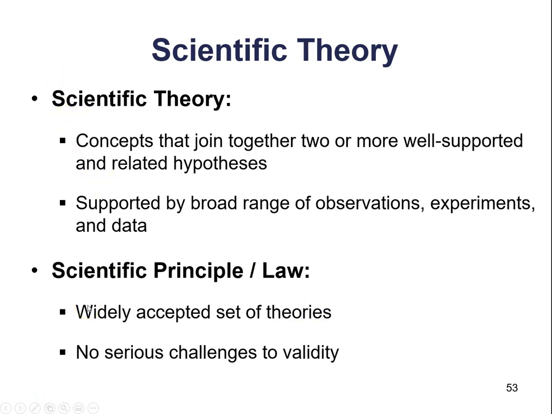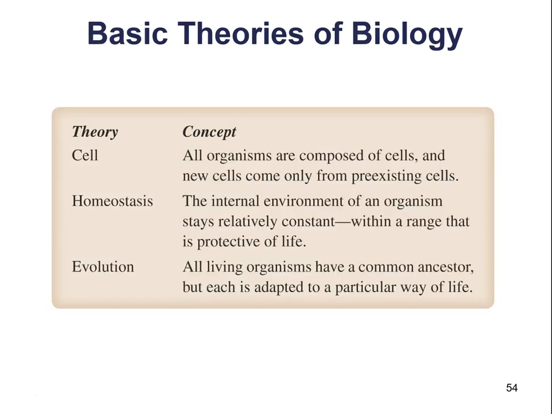Then you can have something be a scientific principle, okay? A scientific principle or a law is a widely accepted set of theories, okay? And basically there have not been, and will not be, many challenges to the validity of these, okay? So these are principles that are pretty much known, okay?